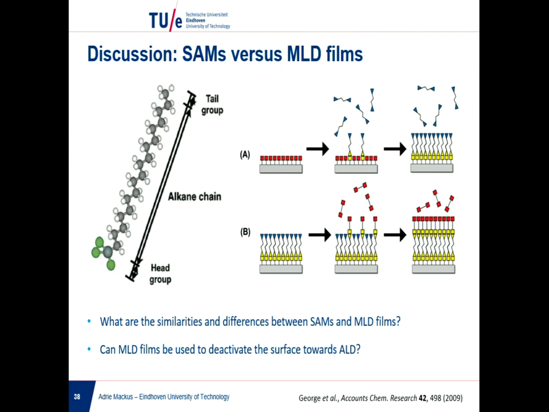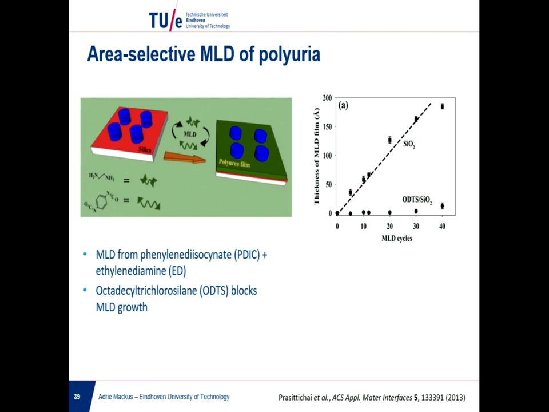So then the next thing is, I gave an example on area-selective ALD, but something similar has also been done for MLD. This has been reported for MLD of polyurea using this chemistry.